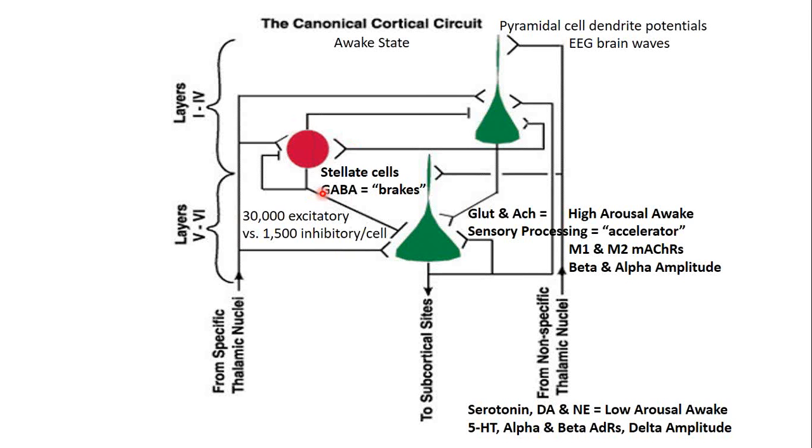And so the inhibitory inputs are the brakes on these pyramidal cells. Otherwise, we would have overexcitation all the time, and we would have a condition of seizure and epilepsy continuously, which we know is abnormal. So what we have here are these stellate cells generating the main inhibitory neurotransmitter in the brain called GABA that produces the brakes. And these are those inhibitory inputs. Okay? So we have excitatory and inhibitory inputs.